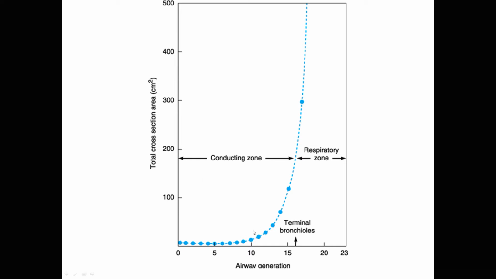This is here the participation of the passageways in the conductance of the airflow, and the respiratory zone. This is here the total cross-section of the airways. As you can see, the highest section is in the respiratory zone, the terminal bronchioles.